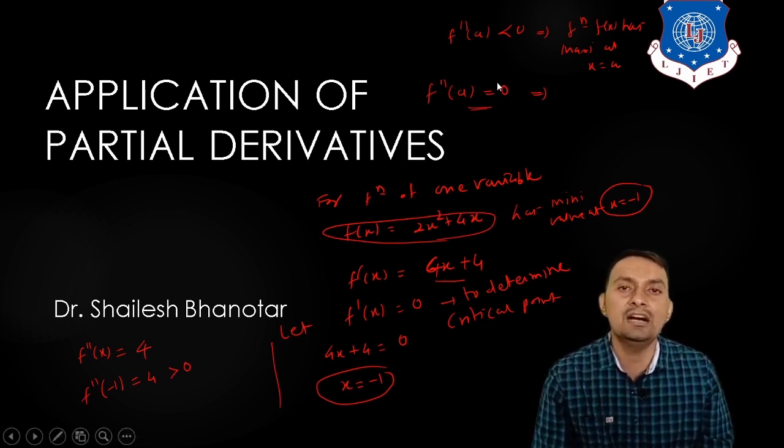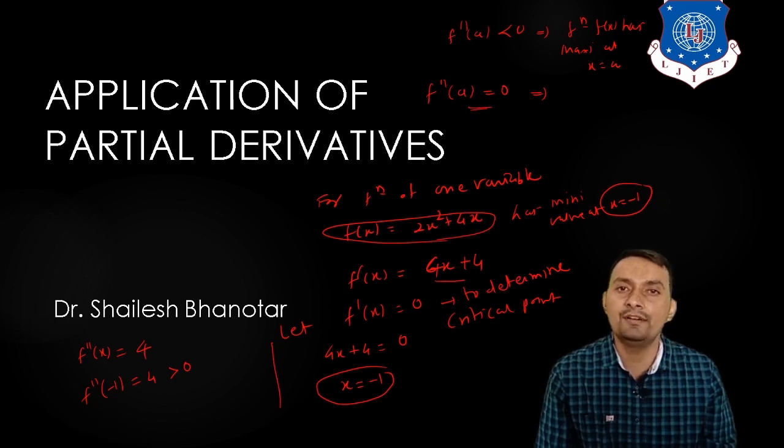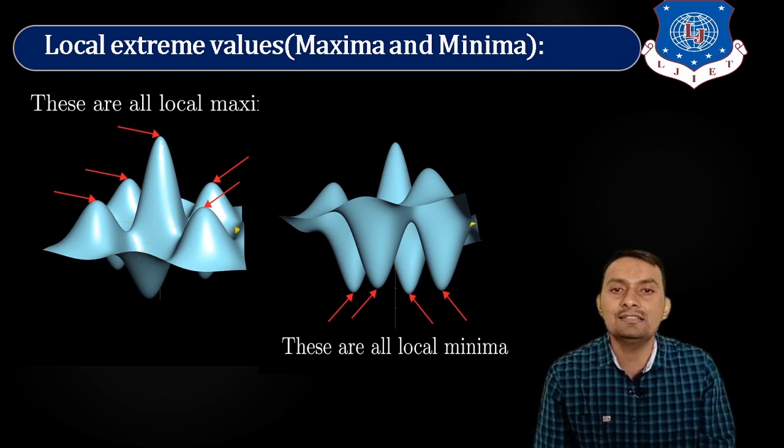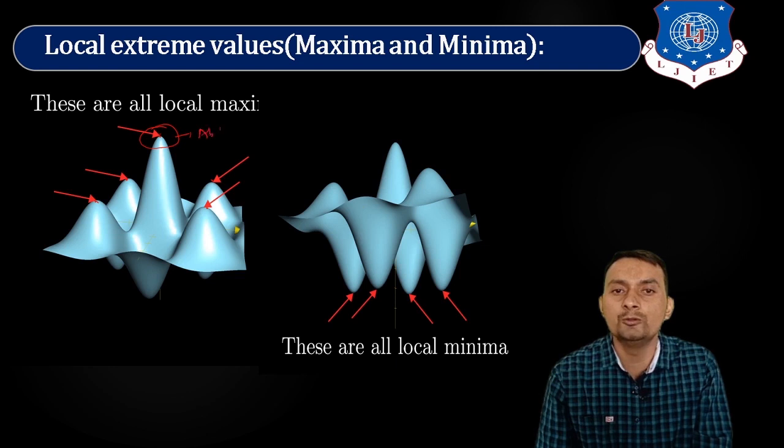In that case, how can we determine the extreme values of the given function, or how can we determine the maximum and minimum of the function at a particular point? From the graphical representation you can understand that when I consider the highest of all the local maxima, that point is known as the absolute maximum.